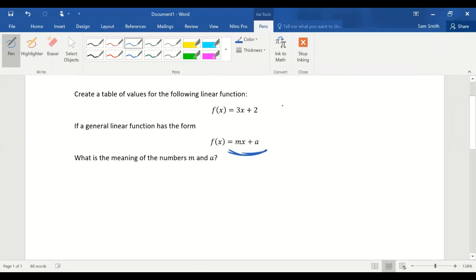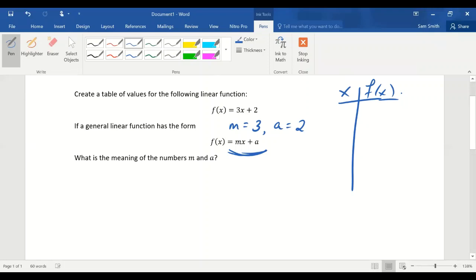We're given a specific example on the side: f of x equals 3x plus 2. So I'm just going to note that in this specific example, m is being replaced with 3, and a is being replaced with 2. Now let's make a table of values.